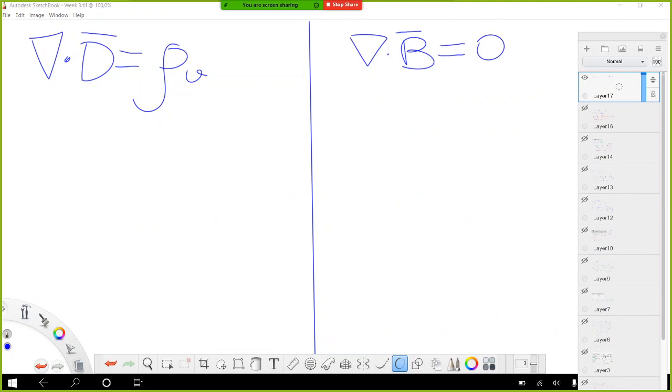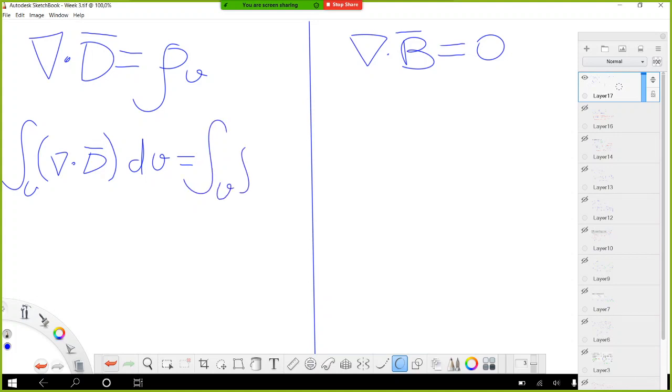Now here we apply the volume integral over V: the integral of divergence of D dV equals the volume integral of rho V dV.